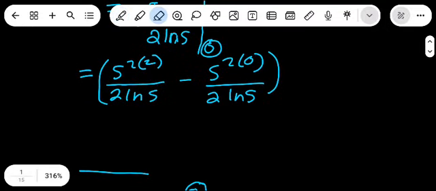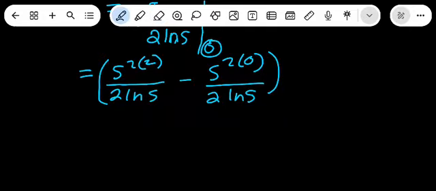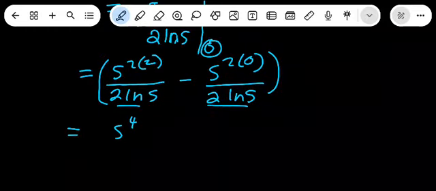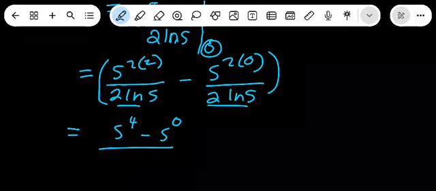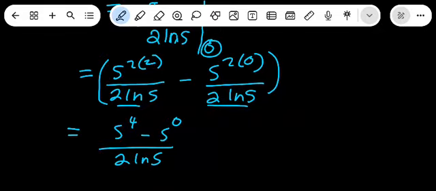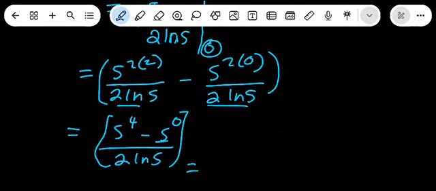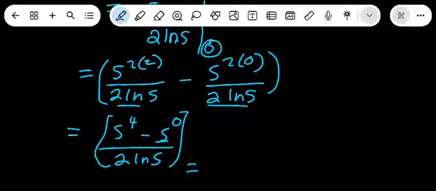So what is the value? This is the same base. We'll just have 5 raised to the power 4 minus 5 raised to the power 0, divided by 2 ln 5. Put this on your calculator: 5 raised to the power 4, minus 1.